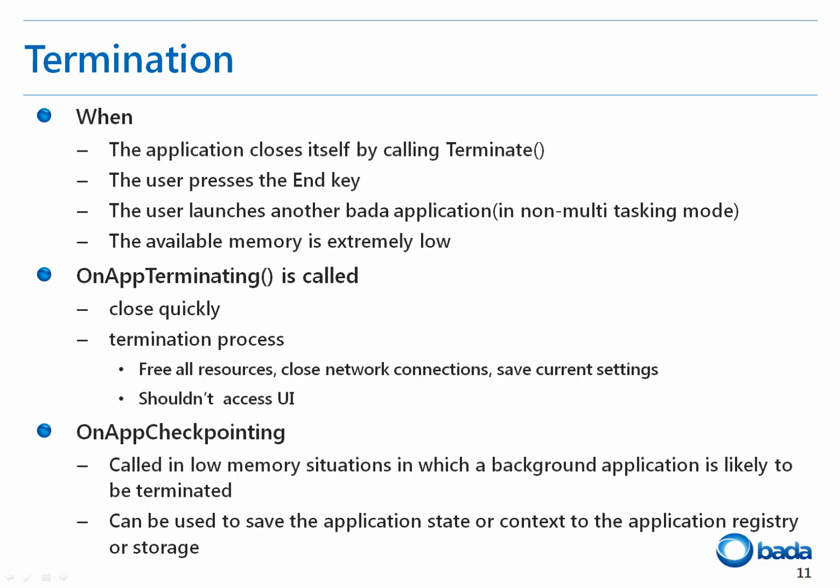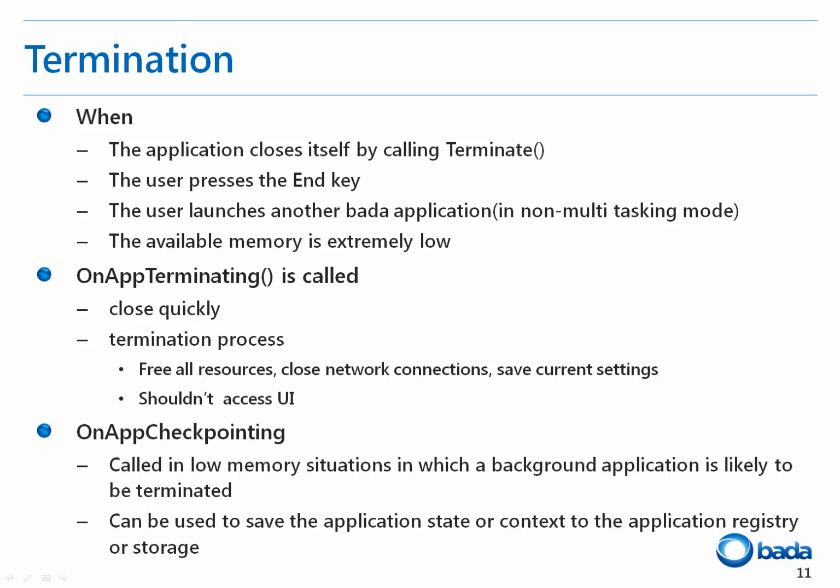When the application is running in the foreground and the device user presses the end key, the application is terminated. In non-multitasking mode, a user launches another bada application and the old application is terminated. In non-multitasking mode, the system forces the application to shut down when the memory or battery power is extremely low.